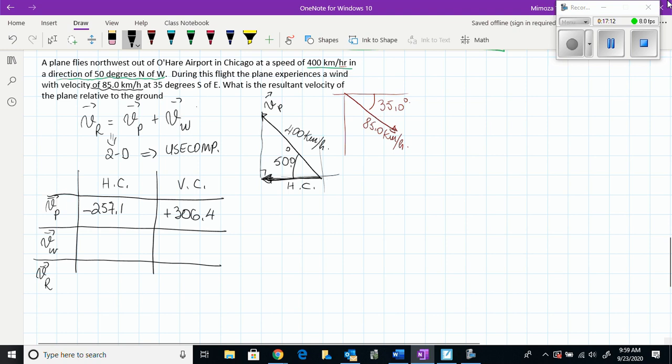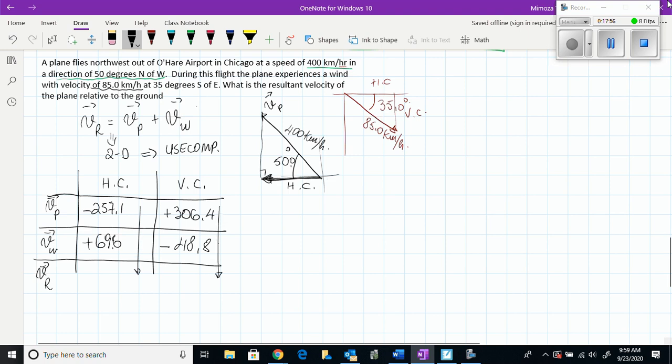And for the velocity of the wind, this will be the horizontal component, and this will be the vertical component. So the horizontal component will be 85 times cosine 35 degrees, and it is positive, so positive 69.6, and the vertical component will be 85 times sine 35, and it is negative, so negative 48.8.